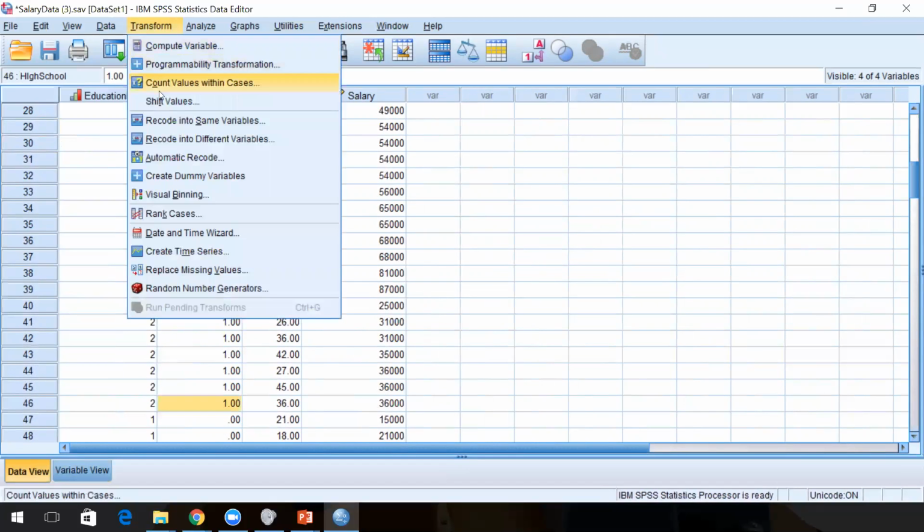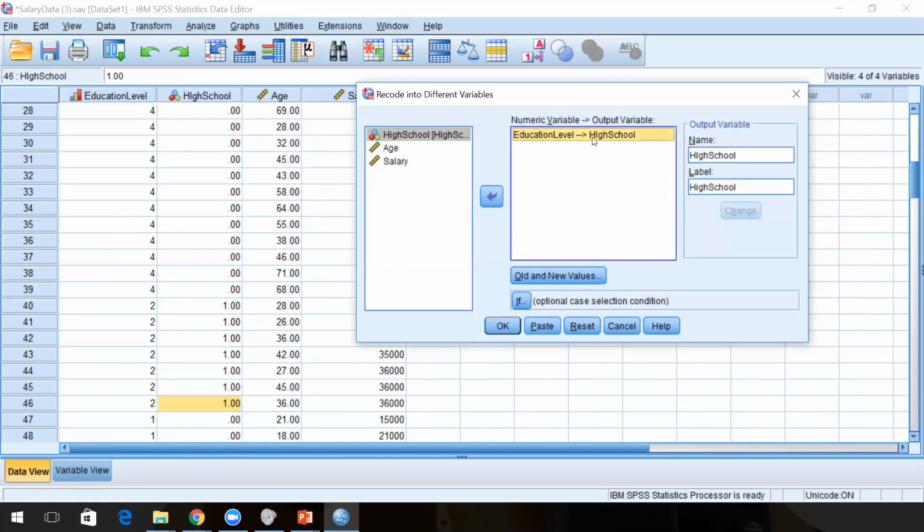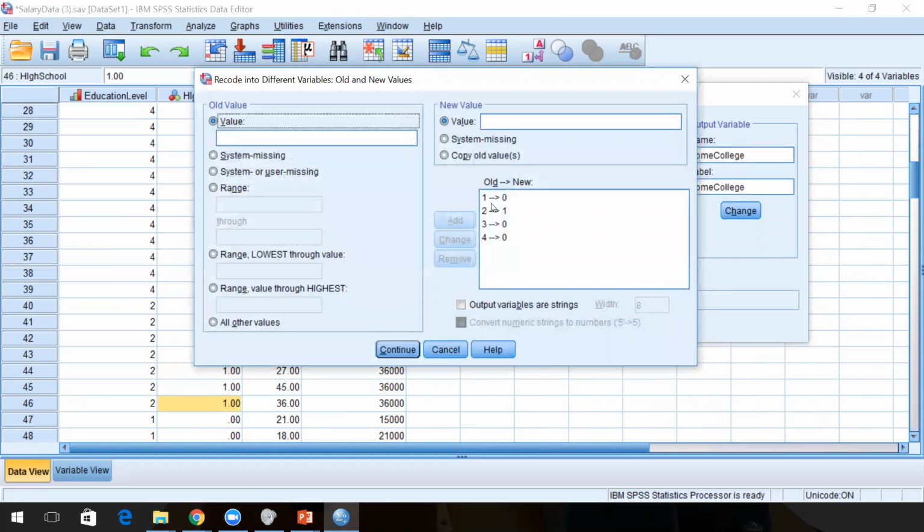I'm going to go ahead and do that for the people that have some college and the people that have a college degree using the same function. I do have to change the names, and that's where you have to be careful and change how I want it to code. Changing it to some college, all the new values.